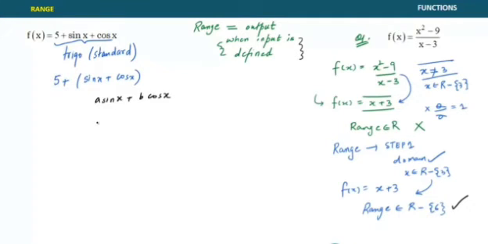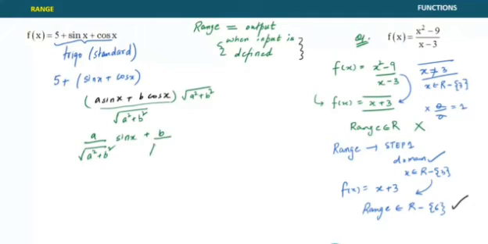Remember, we did it in basic trigonometry. What you people will have to do is multiply and divide this by what? Under root a square plus b square. And if I split this, writing like this: a upon under root a square plus b square sin x plus b upon under root a square plus b square cos x, right?